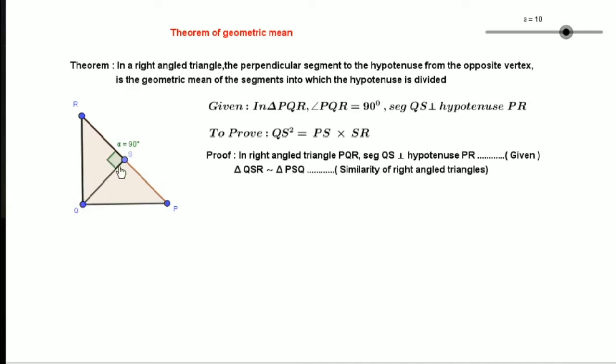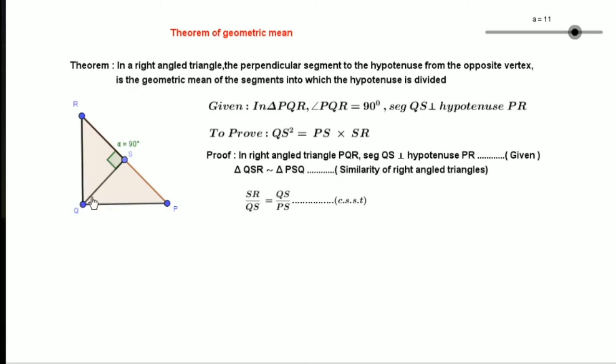So according to the theorem of similarity of right angle triangles, these two triangles formed due to the perpendicular drawn on the hypotenuse are similar to each other, which we have studied. So triangle QSR is similar to triangle PSQ.